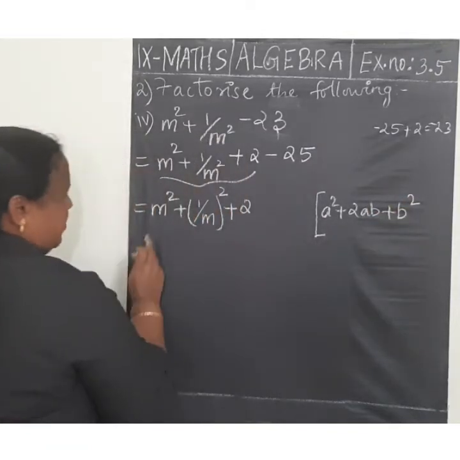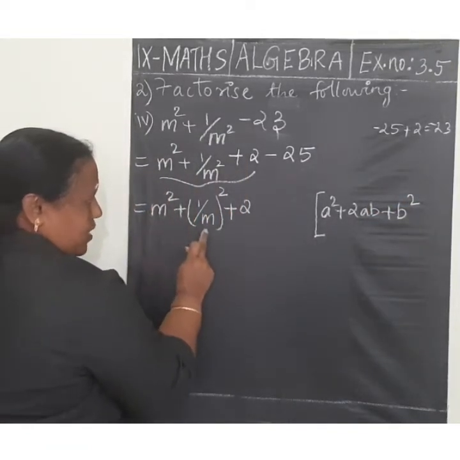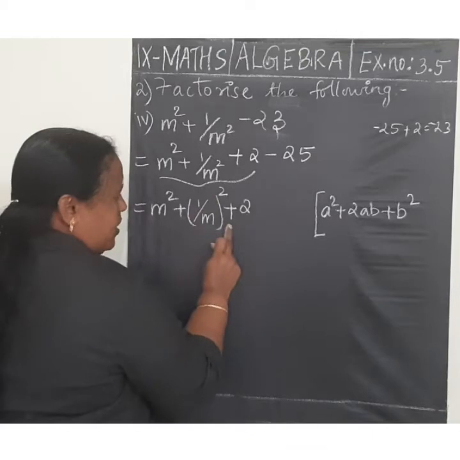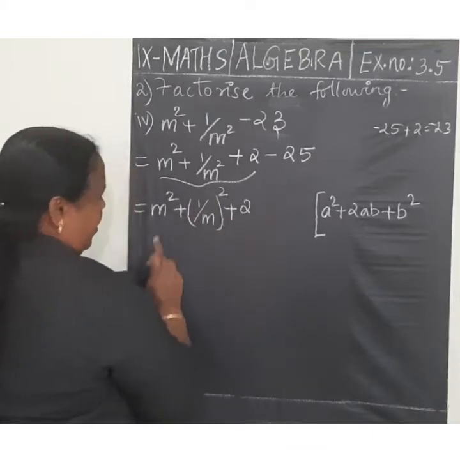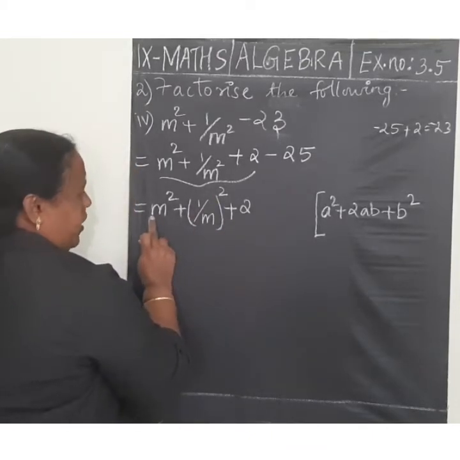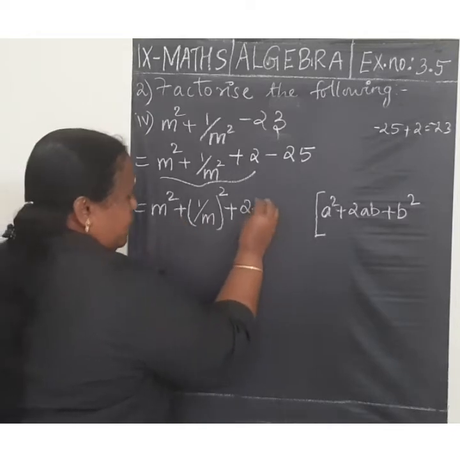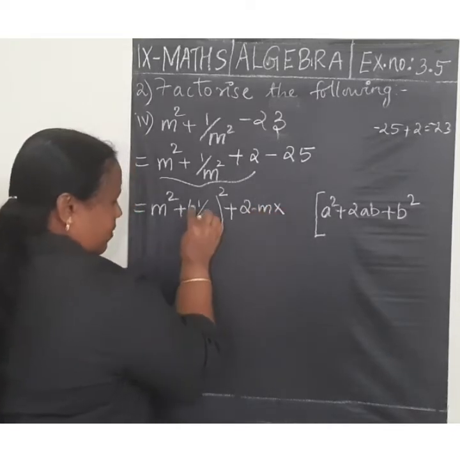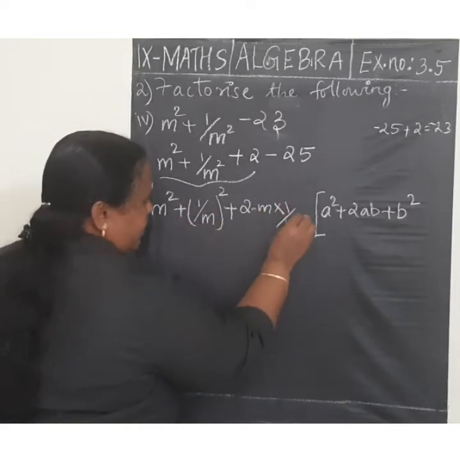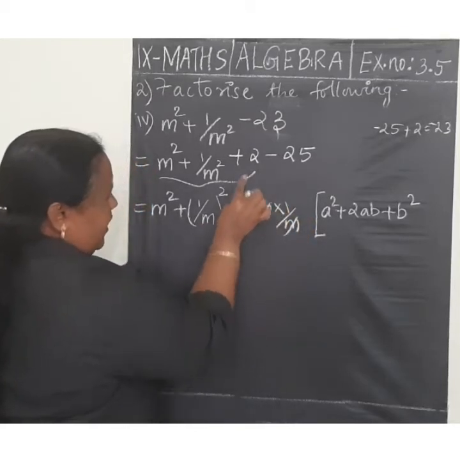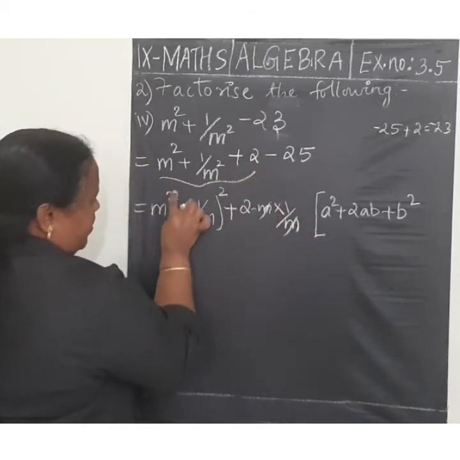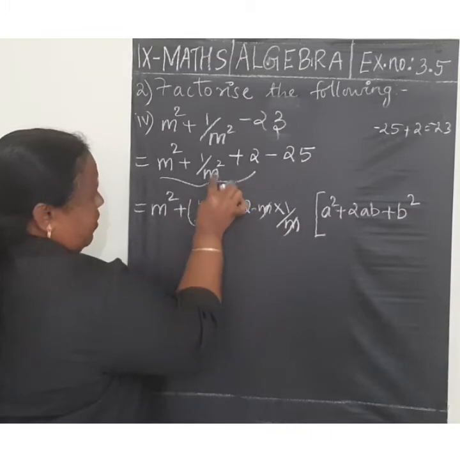First we write a squared, plus b squared, plus 2 into ab. So the 2 into, here your a is m and b is 1 by m. The m gets cancelled and we are getting this 2. So we get the term m squared plus 1 by m squared plus 2.